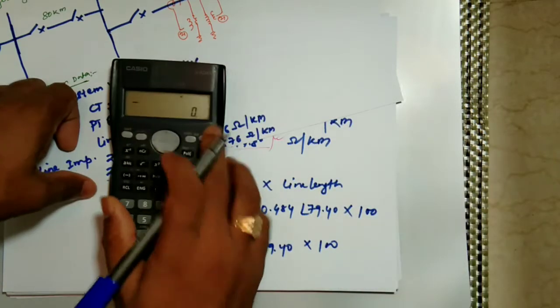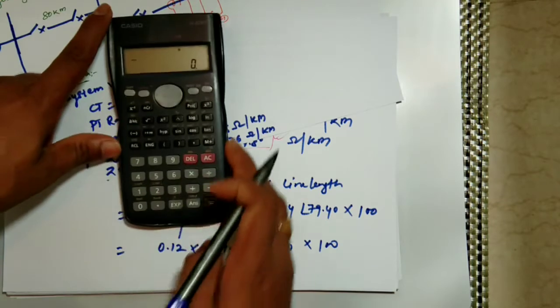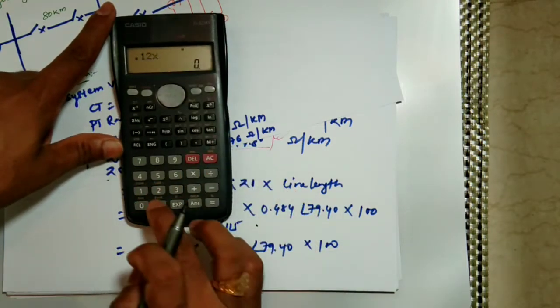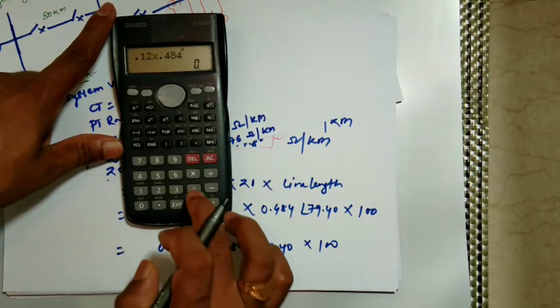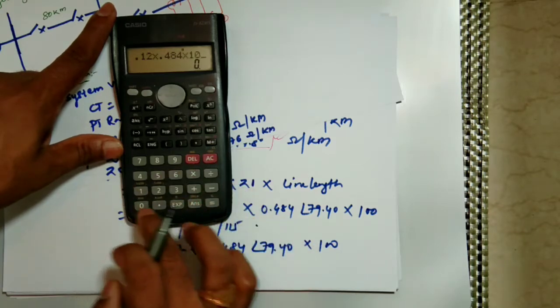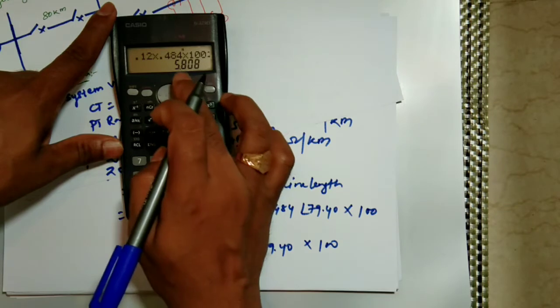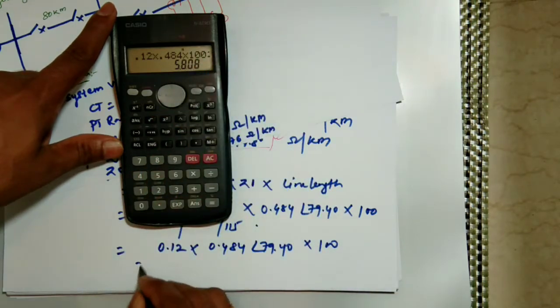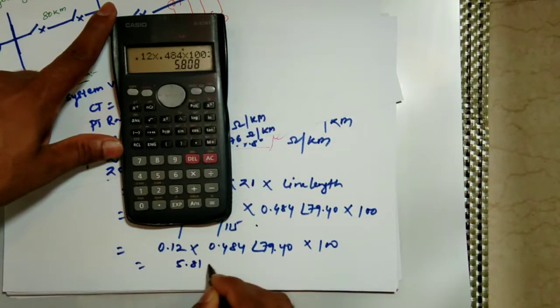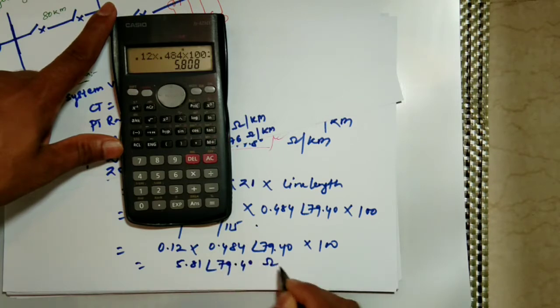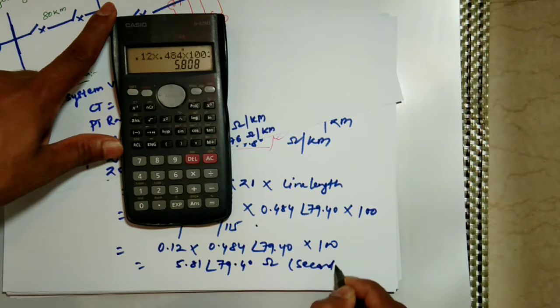You just multiply, 0.12 into 0.484 into 100, you will get 5.808. You can take it as 5.81, angle will be 79.4 degrees, that is in ohm, and this value will be in secondary.